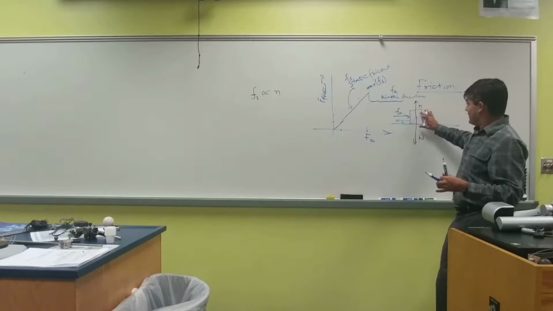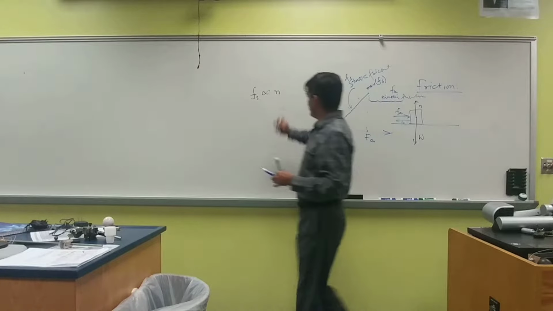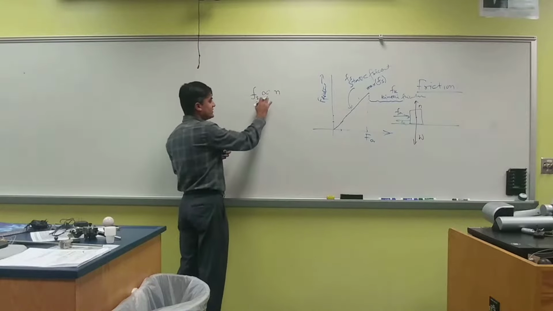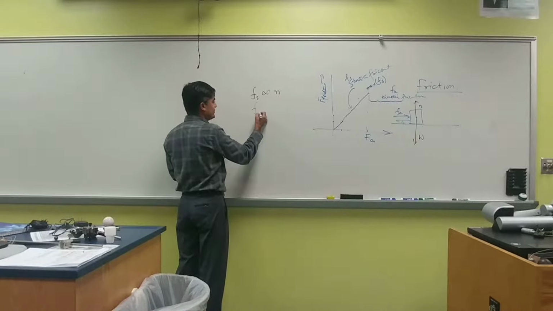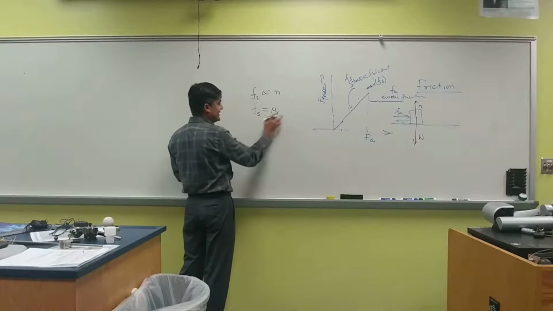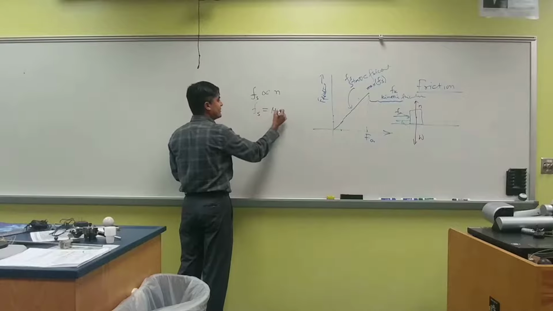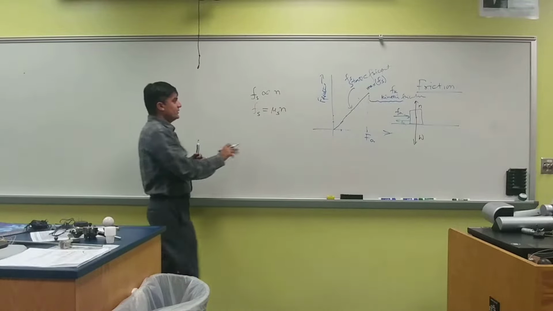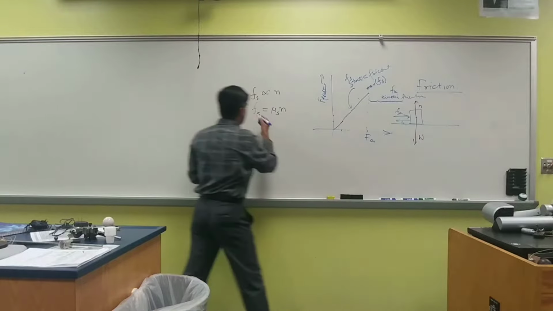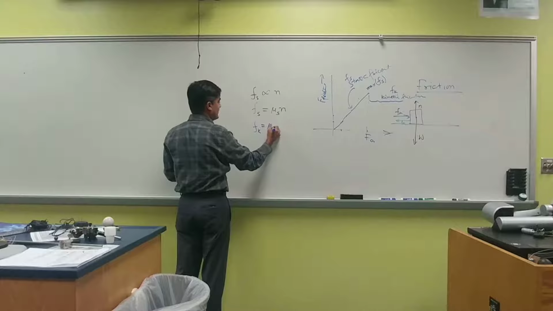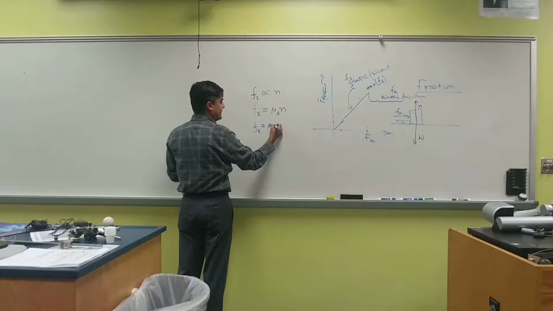Now this is proportional to N. To remove the proportionality, you have to introduce one constant, which generally you call mu. Since it's static friction, it is mu of S times N. If it is the kinetic part, then F of K is mu of kinetic times N.